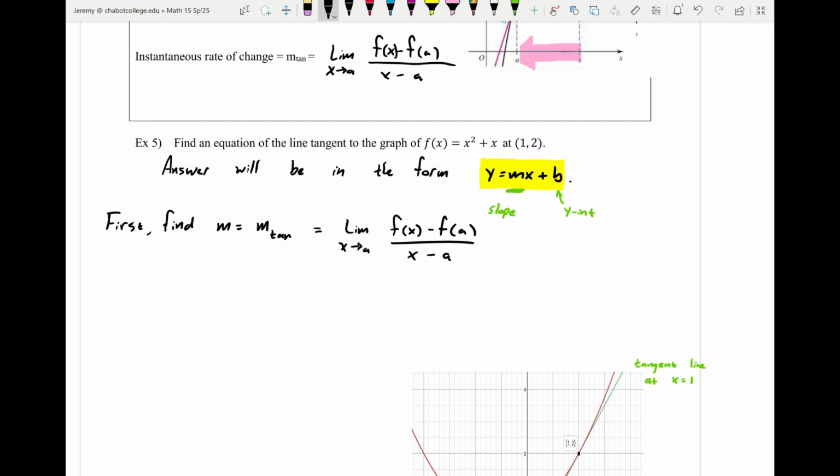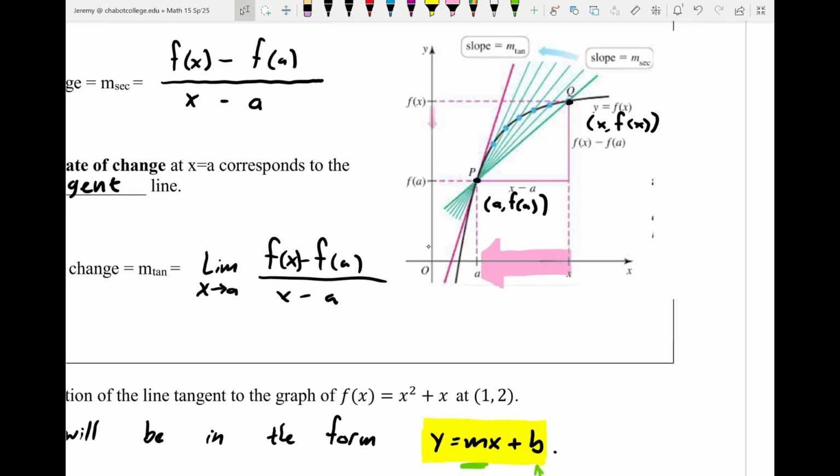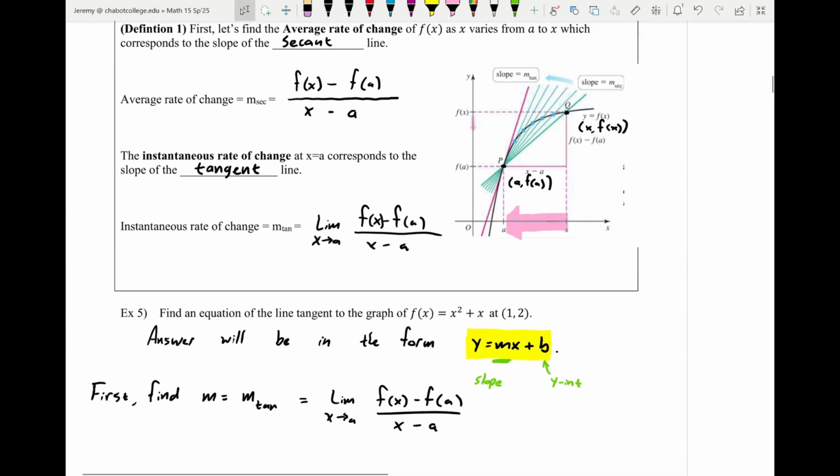All right, so we have to figure out a couple things here. First of all, what is f of x? That's just going to be this, x squared plus x. What is a? What are we going to substitute in for a? Looking back to the picture up here, the definition, remember a is just the x value, the point on the x-axis at which we're trying to solve for the tangent line.